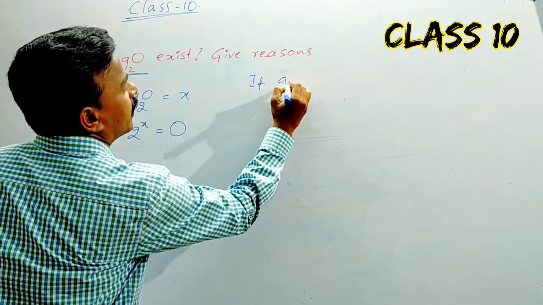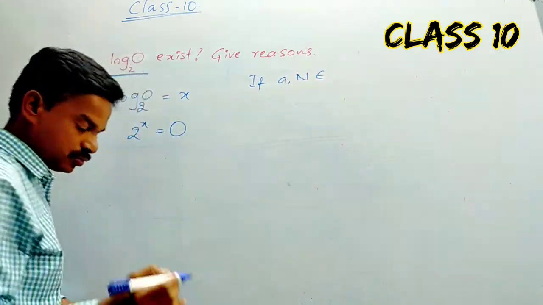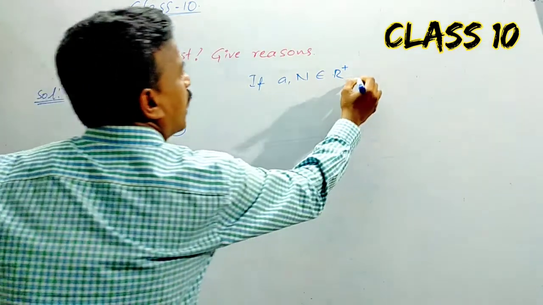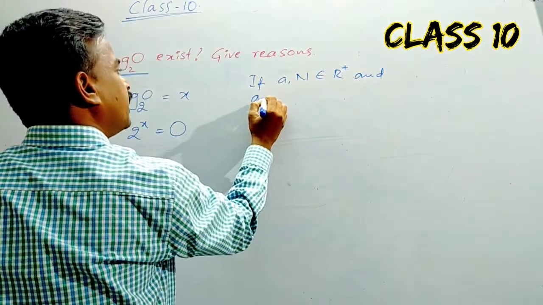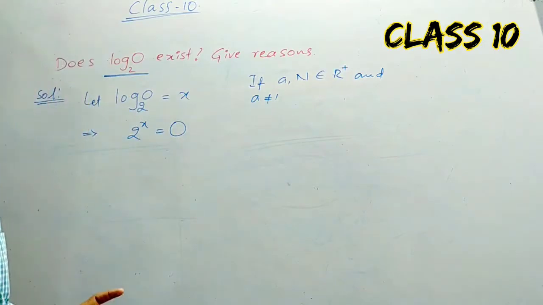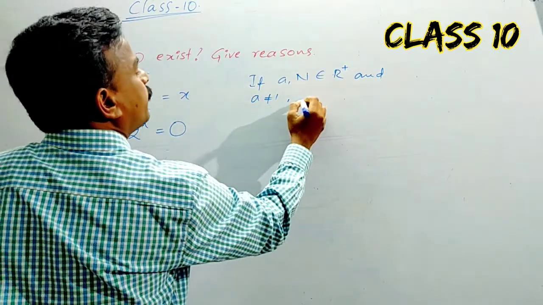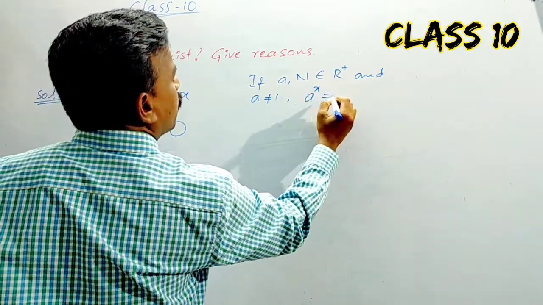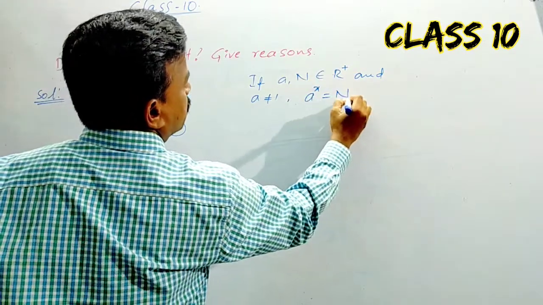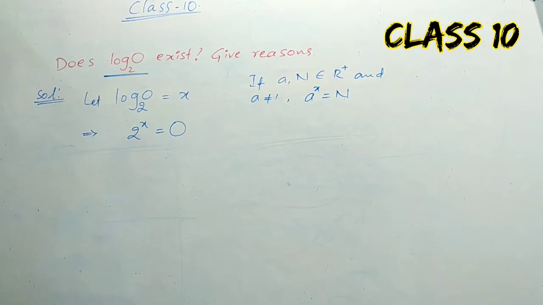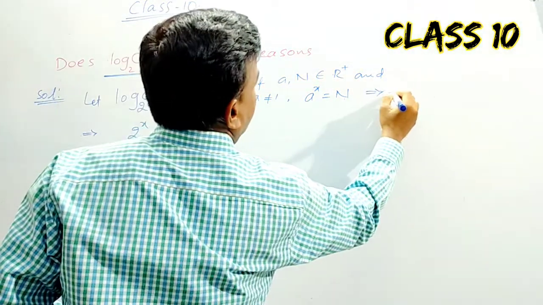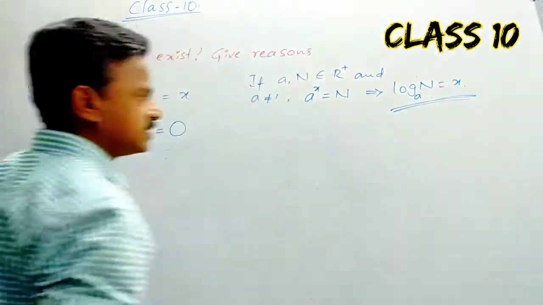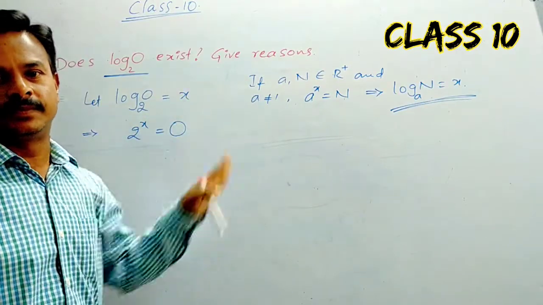If a, n belong to positive real numbers, and a is not equal to 1, then a to the power of x is equal to n implies log n base a is equal to x. This is the logarithmic definition.